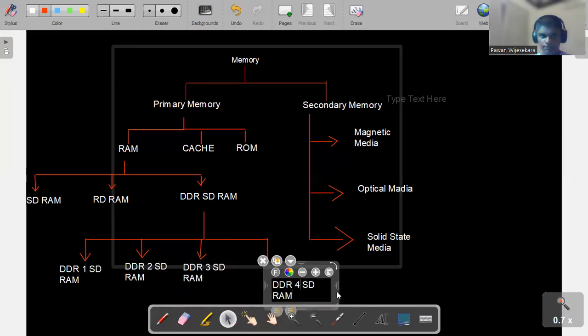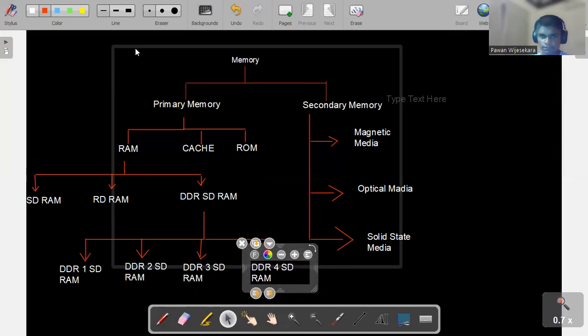Here is the full classification of memory. Primary memory, secondary memory. Primary memory is classified into three segments: RAM, cache, and ROM. Then RAM is classified into three sections: SDRAM, RDRAM, DDR SDRAM.